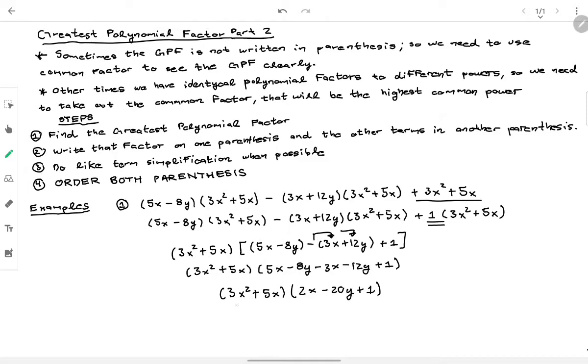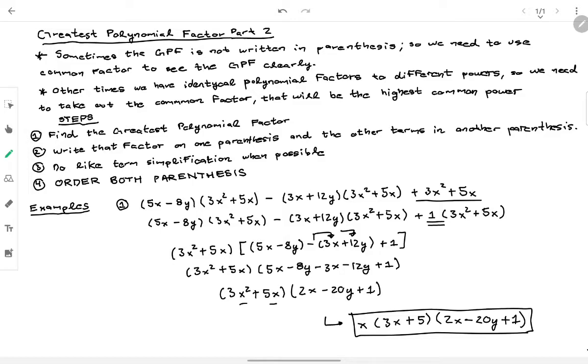In this case, on the first parenthesis, both of them have x. So our correct answer is going to be x that multiplies 3x plus 5 that multiplies 2x minus 20y plus 1. And this is going to be our final unordered answer.